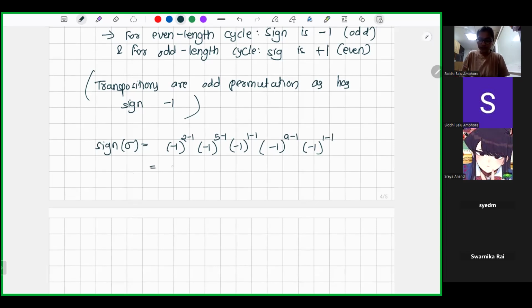Okay, and this is -1, this is 1, this is again 1, and this is 1, and this is 1. So we are finally getting -1 as a sign of sigma. Is there any doubt here?